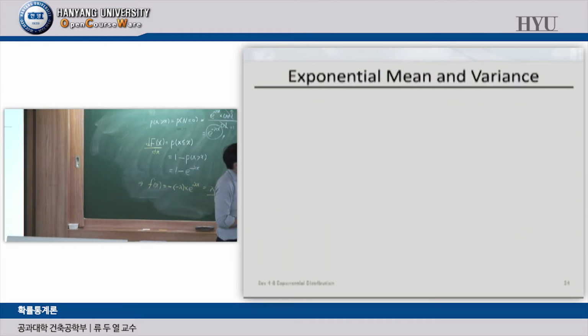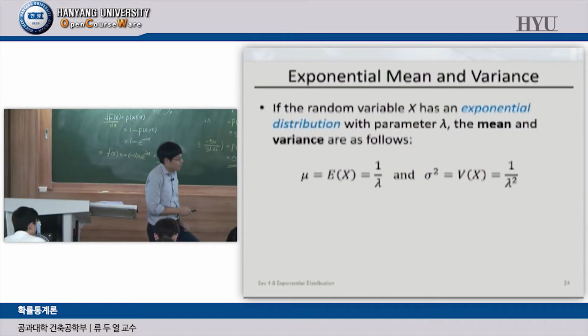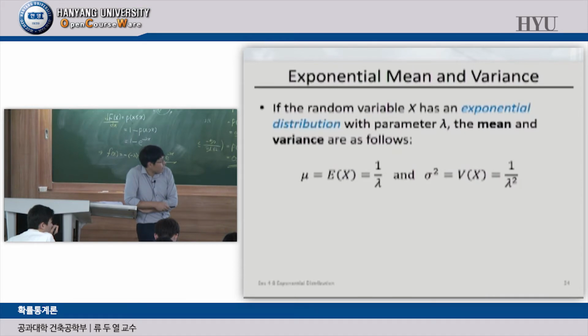And this is about the exponential mean and variance. If the random variable x has an exponential distribution with parameter lambda, the mean and variance are as follows. Mean is equal to 1 over lambda, and the variance sigma squared is equal to 1 over lambda squared, which means that the standard deviation is 1 over lambda, right?